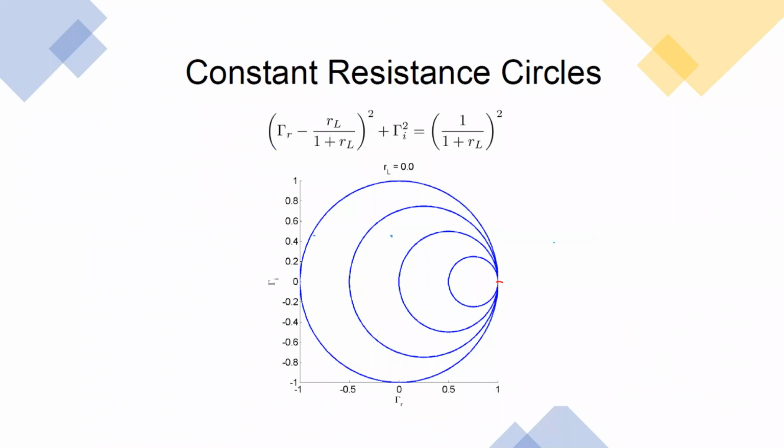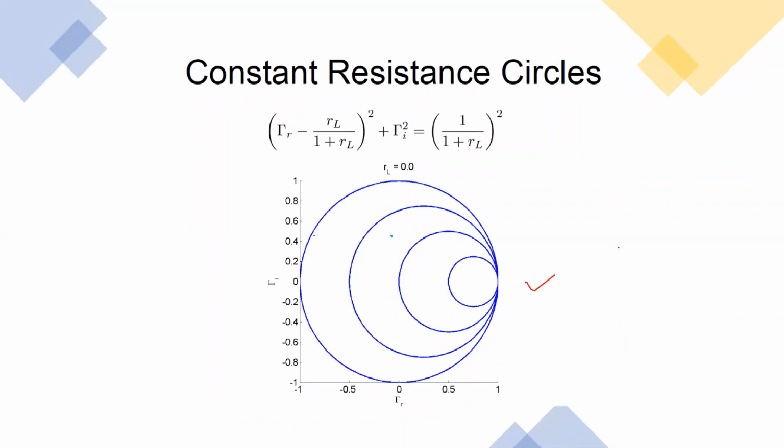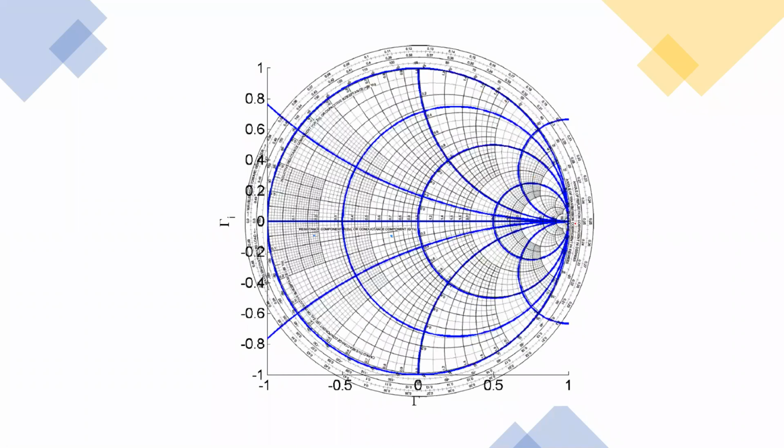One is the constant resistance circle, which is noted as shown over here, and we have the constant reactance circles. When we combine both, we obtain a plot in this form.